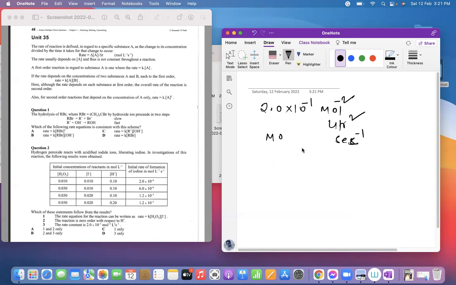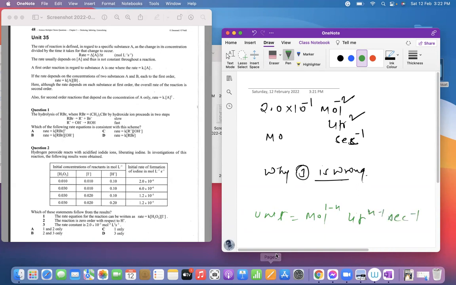Tell me without calculation why 3 is wrong. 3 is wrong. There is no need to calculate this. I can tell you, listen to me. I told you the unit of K, rate constant unit. This formula: mole^(1−n) liter^(n−1) second inverse.